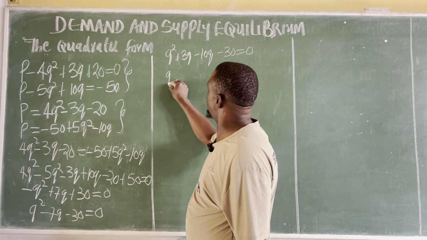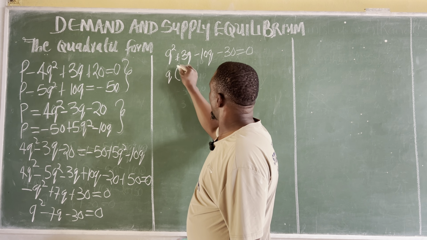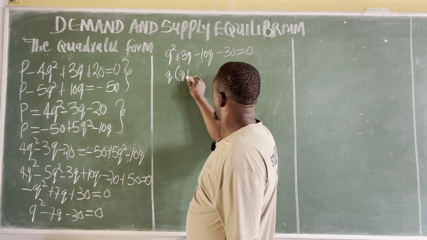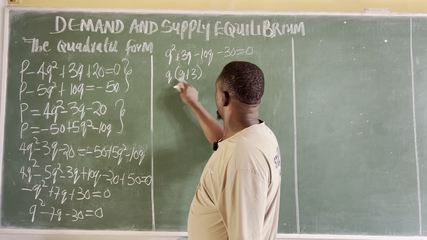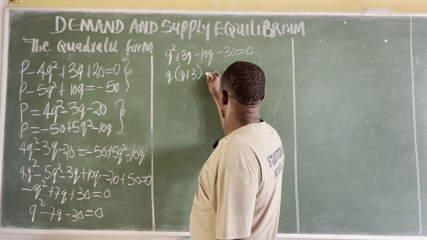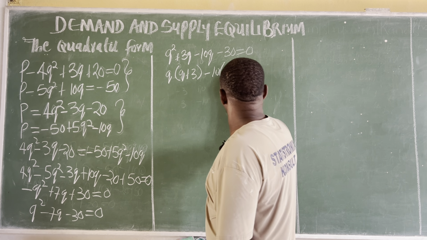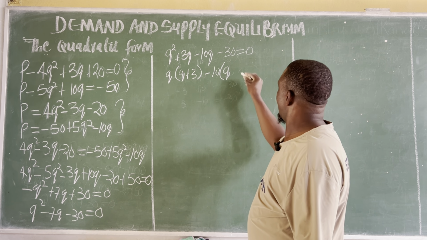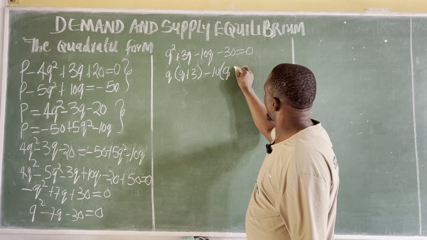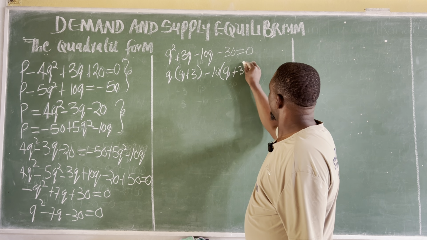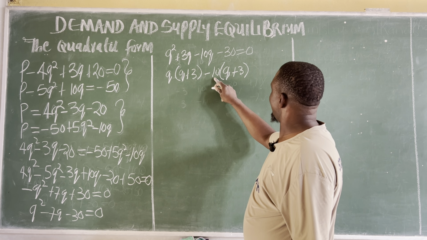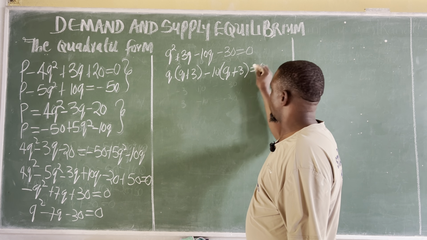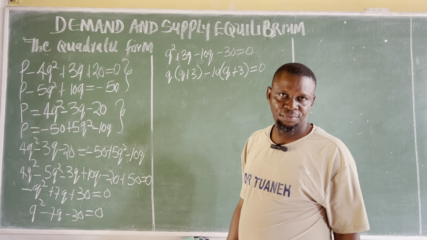And so we'll have q into, now this will be q, because q times q will be q squared, and then plus 3, because q times 3 will be 3q. Then we'll have minus 10 into, this will be q, because 10 times q will be 10q. And then this will be plus 3, because minus 10 times 3 will be this minus 30. And all of this will be equal to 0.